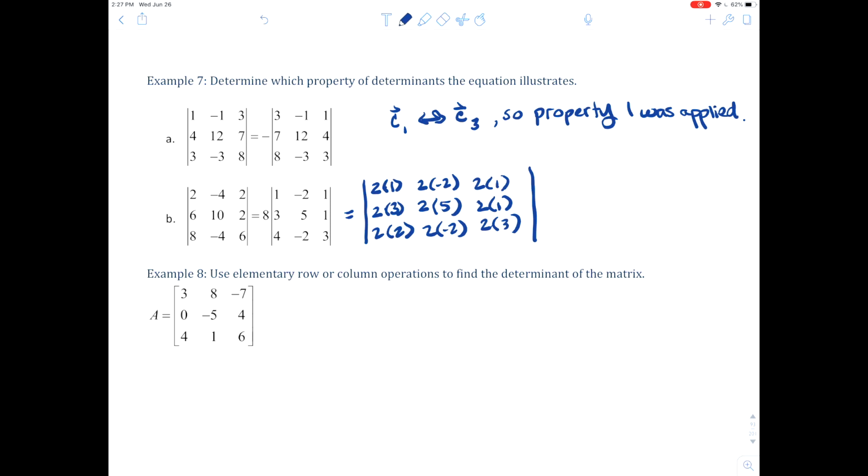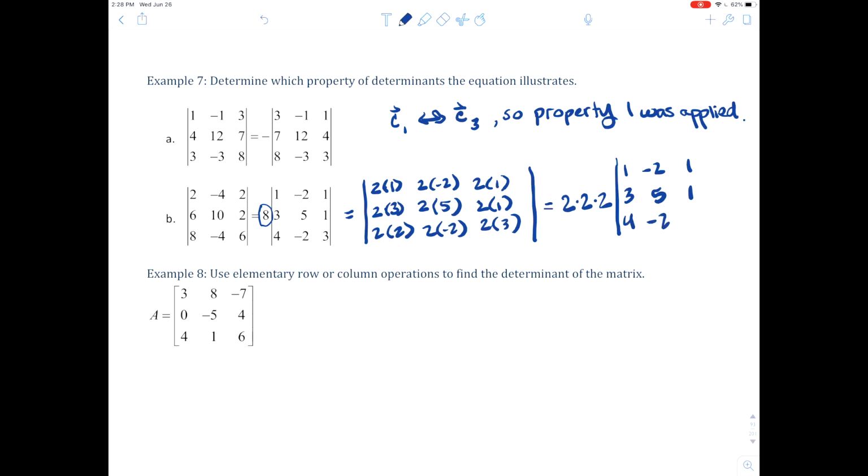And so this is why you've got an 8 here, because you end up getting 2 times 2 times 2, which is then multiplied to the 1, negative 2, 1, 3, 5, 1, and 4, negative 2, 3.